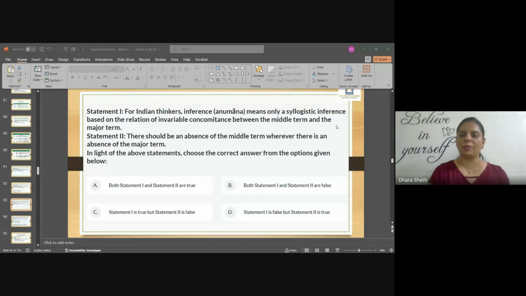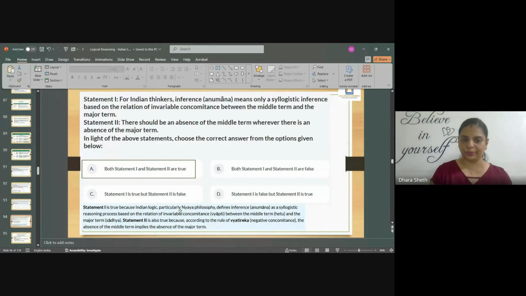What is the meaning of anuman? Anuman is vyapti between middle term and major term, the connection between the two. Now, if the middle term is not there, if the reason is not there, then whatever we are proving should also not be there. Only then we can prove a connection. So the answer is statement 1 and 2 both are true.